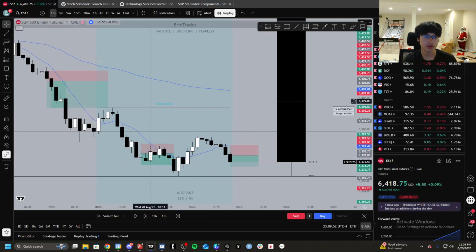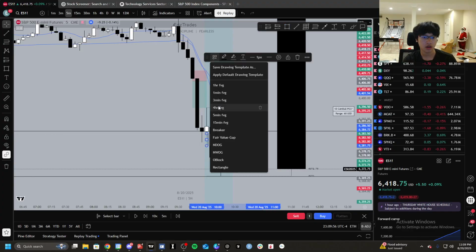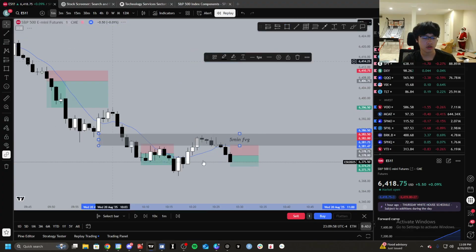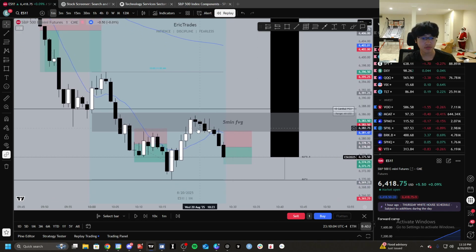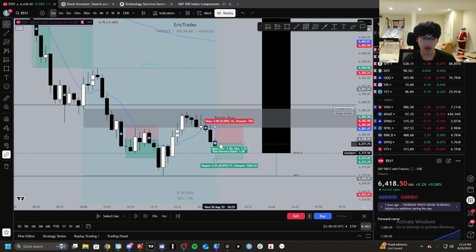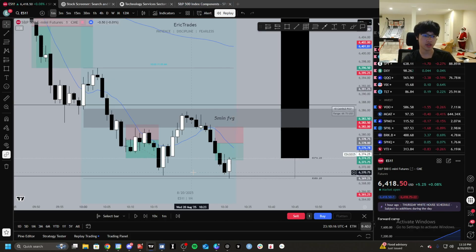I can see we tapped in the 5 minute bearish, which I can draw for you like this, like so. So we moved up, started consolidating a little bit, started inching downwards, and inverse this very thin 1 minute bullish FVG, and then I hopped in short with a 1-to-1 R for ES contracts, straight to forming a new daily low.